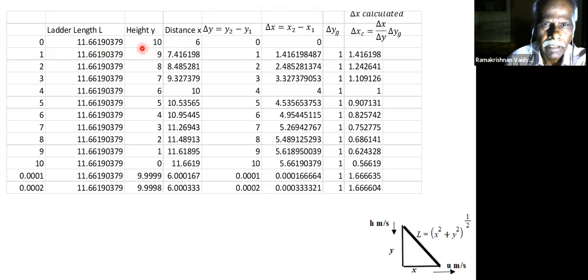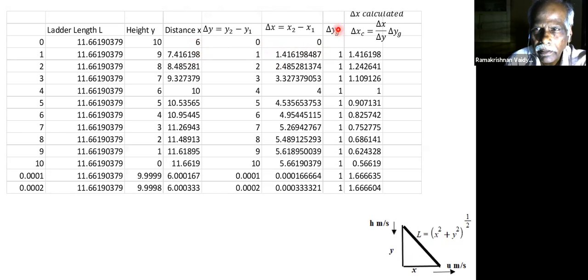Therefore, I will find out the revised distance by using the relation root of L squared minus y squared, root of 11.6619 squared minus 9 squared, which is 7.416. Please note that the change in x is 7.416 minus 6 is 1.416.